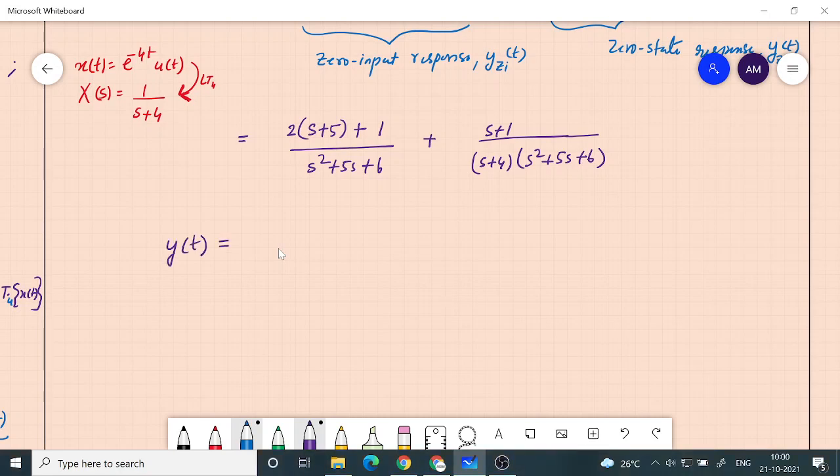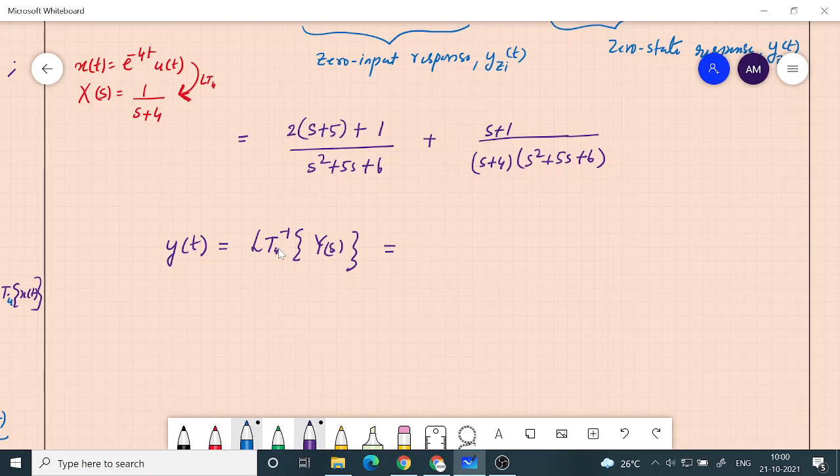So y of t, what you have to do, I have to take the Laplace transform inverse of this y of s. Okay, so this will have two parts. As I told you, y is the small y zi of t and small y zs of t, and so let us separately find them out.